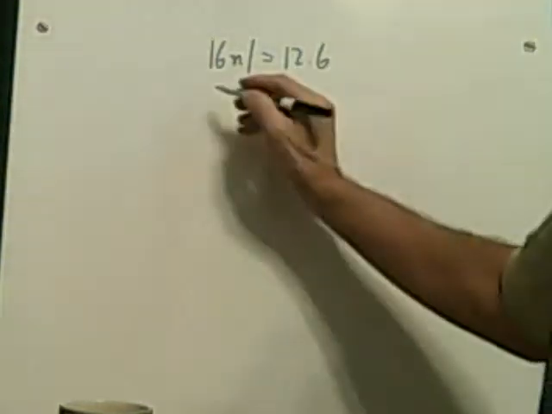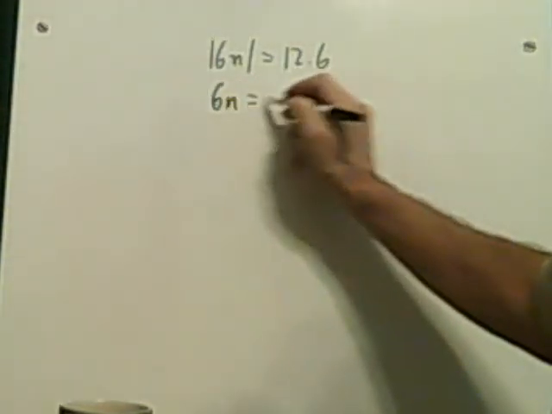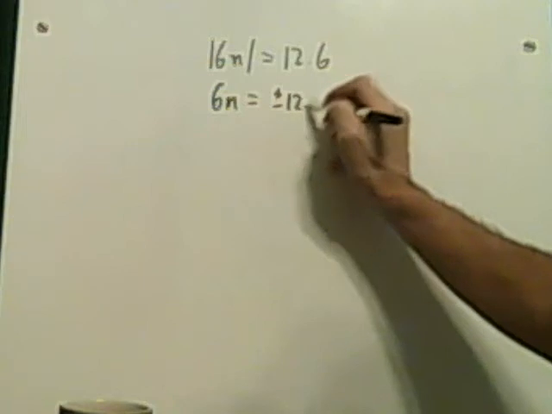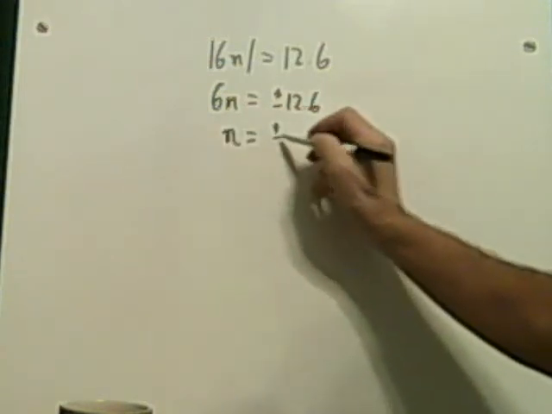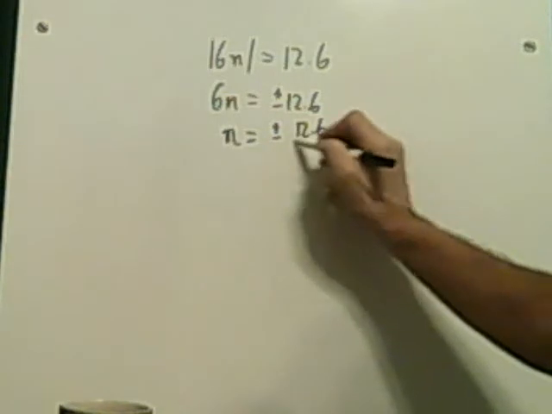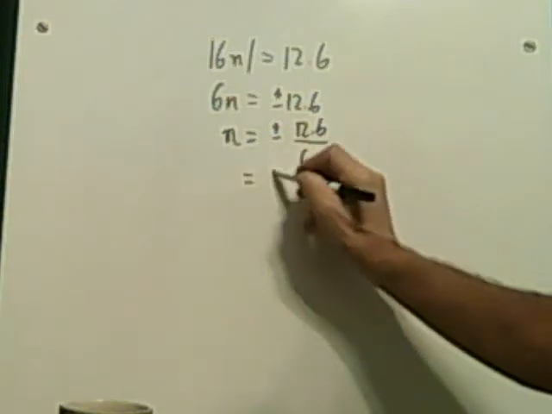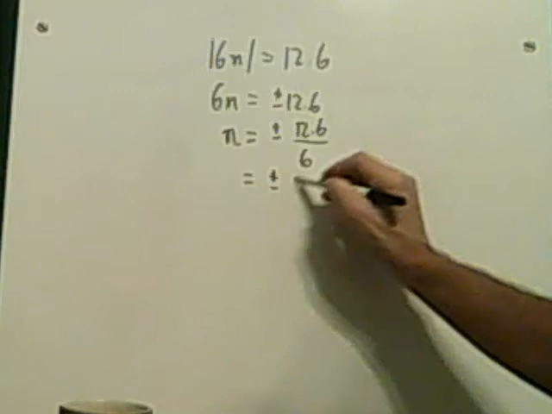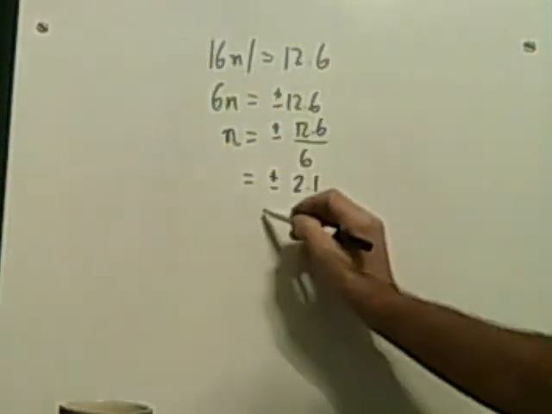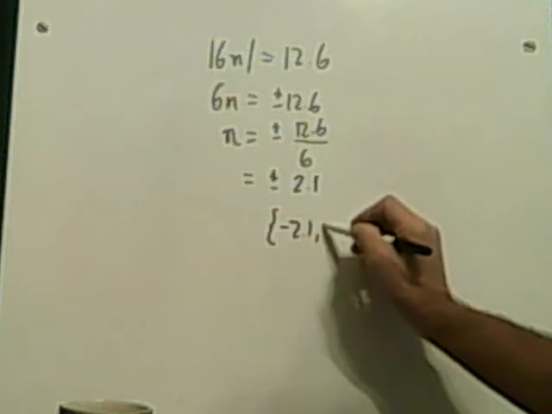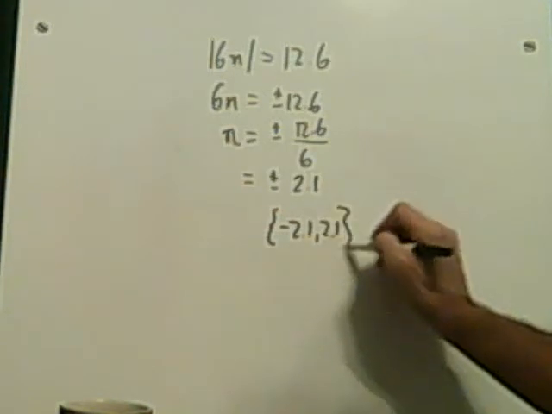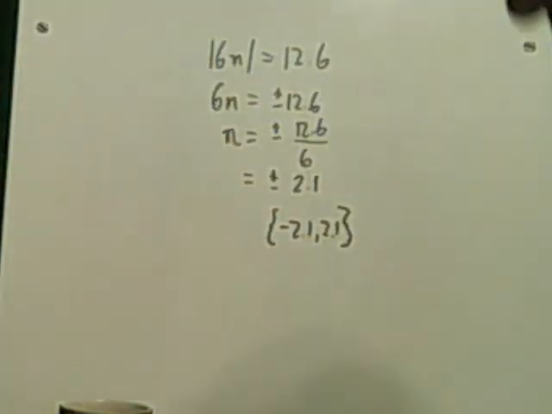Or we could also say that 6n is equal to plus or minus 12.6. Then n is equal to plus or minus 12.6 divided by 6, which is equal to plus or minus 2.1, which could also be written as the set -2.1, +2.1. There are also two solutions here.